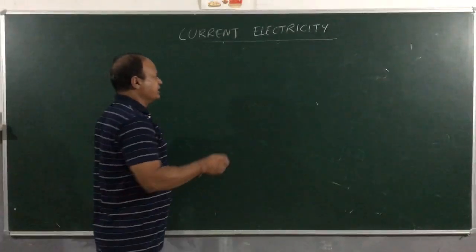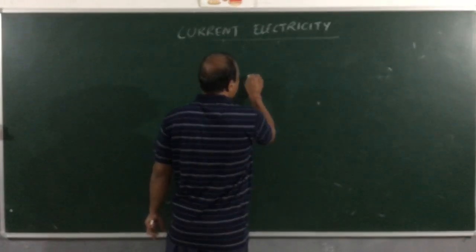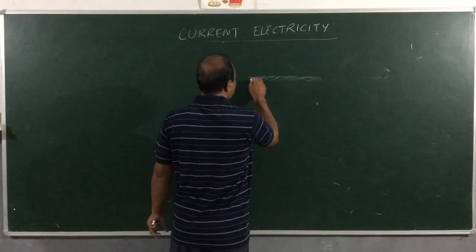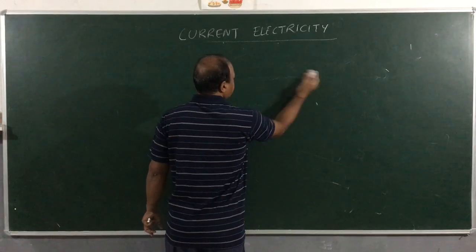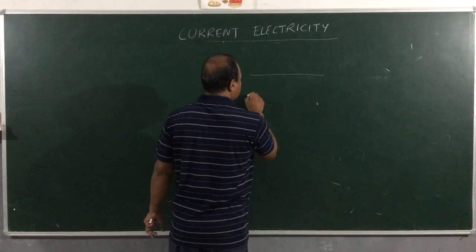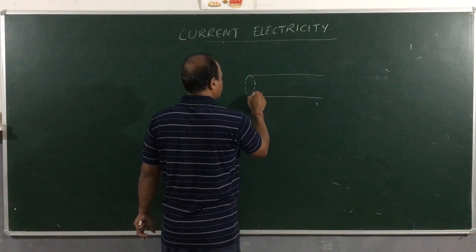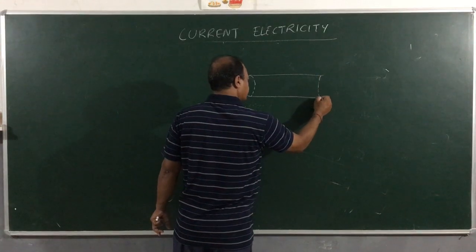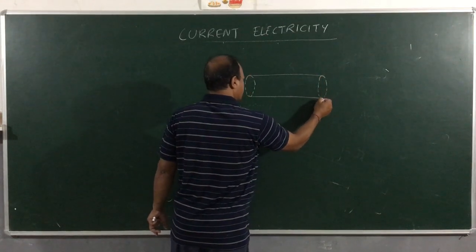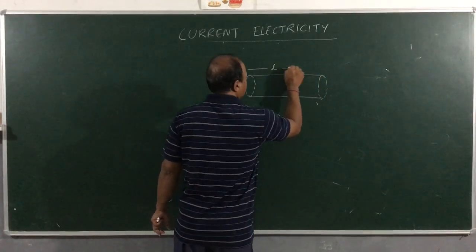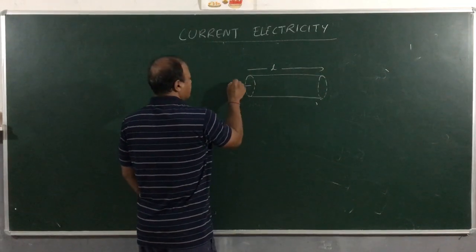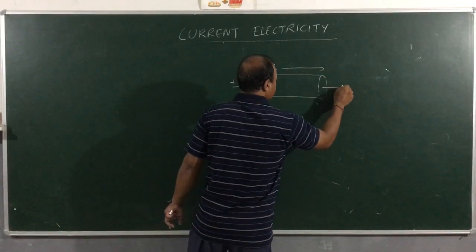Let us say there is a conductor out here. We are discussing a magnified view of a conductor. I will make it look big so you can understand it better. Generally a conductor is cylindrical. Length of the conductor is L. This side is positively charged, this side is negatively charged.